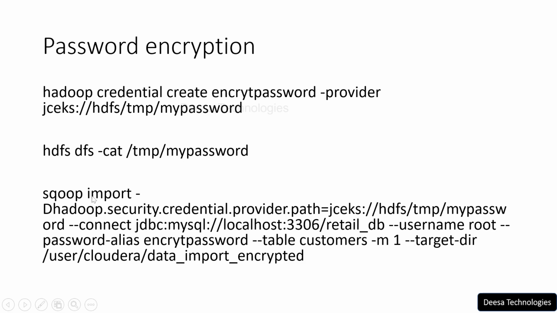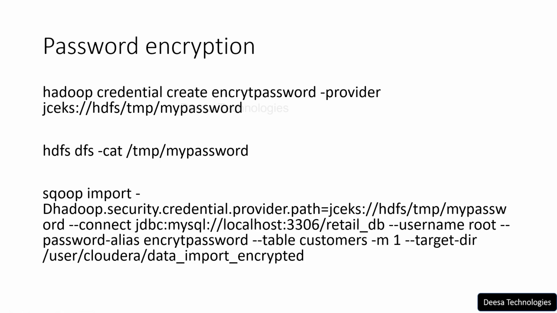In this Sqoop import, this line of code is to specify the provider path where we have the JKS password, then we have the connect identifiers, and if you see here, instead of password, we're using password alias, encrypt password. This is the alias that we have created here. This way we will be able to use the encryption.